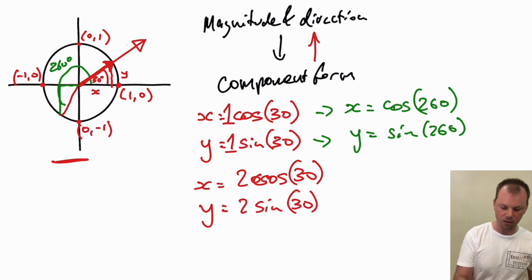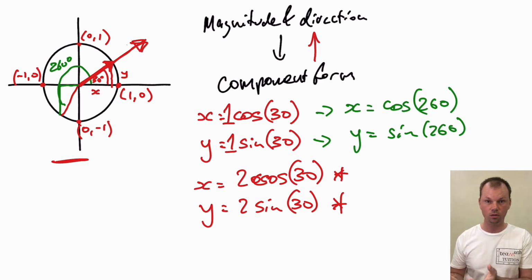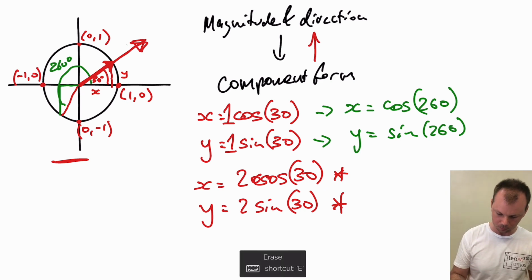Because if I scale the vector by a factor of 2, I'm scaling the x direction by a factor of 2, and I'm scaling the y direction by a factor of 2. So we're using our knowledge of our trig circle and of our unit circle and our trig functions to apply to our vectors so that we can break them down into x and y components.